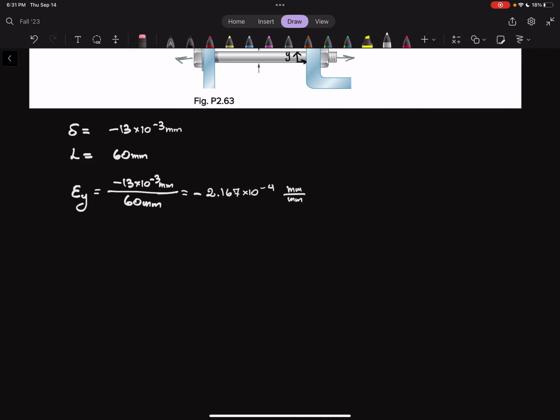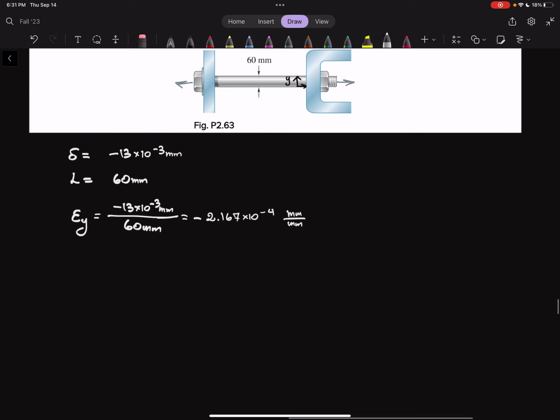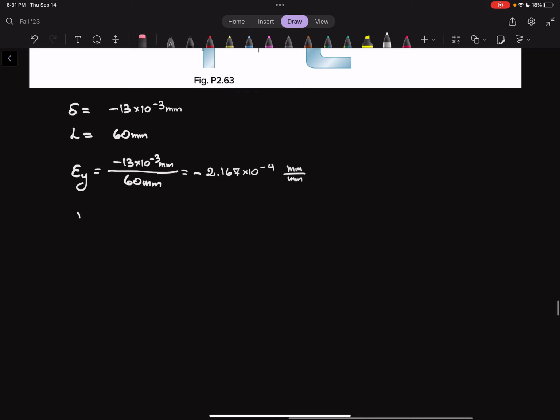Now, we use Poisson's ratio. We recognize that the load is originally applied in the x direction. So Poisson's ratio is equal to the negative of the strain lateral over the strain longitudinal.